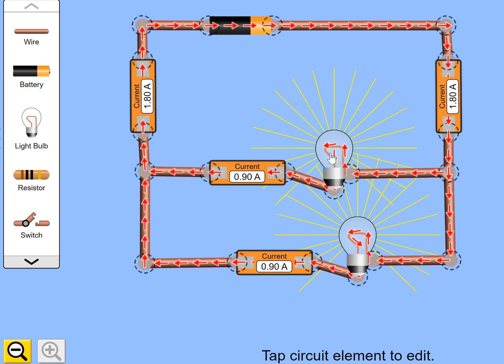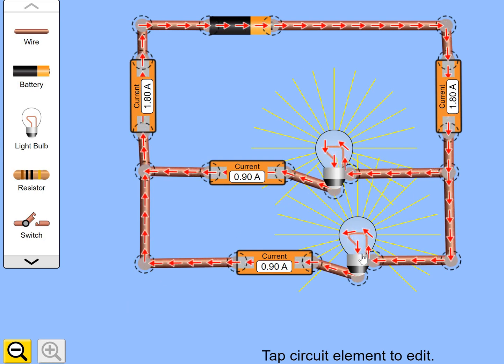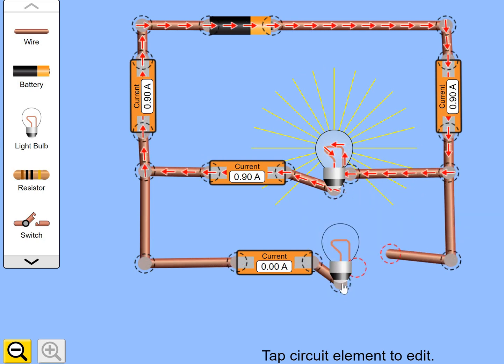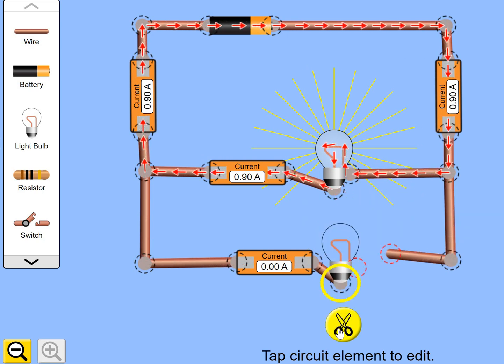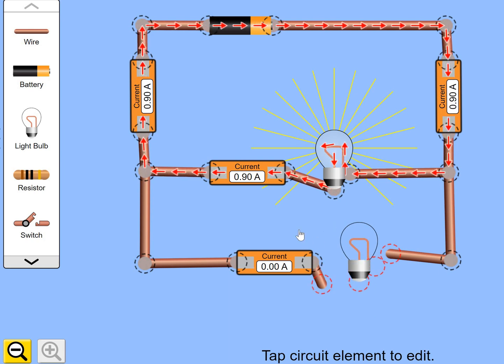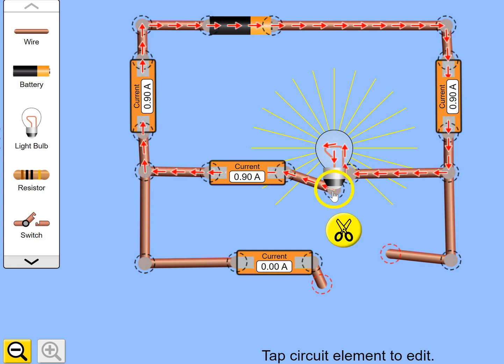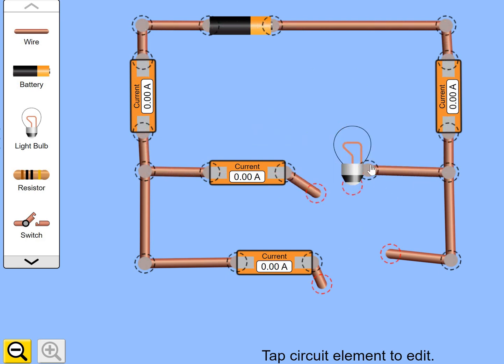Now, we have got 2 identical bulbs here. Let's remove those bulbs for a second. Remove. Remove.